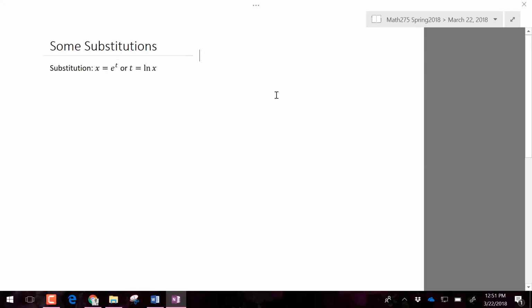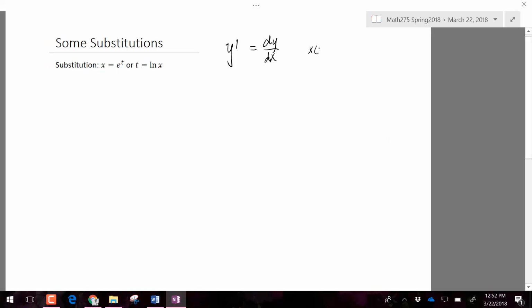So if you have a y prime, or dy dx, you want to change that as a function of t. So we're going to assume that x is a function of t, and then take the derivative of this with respect to t.